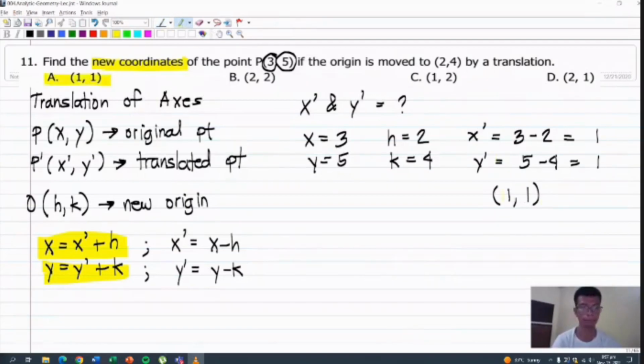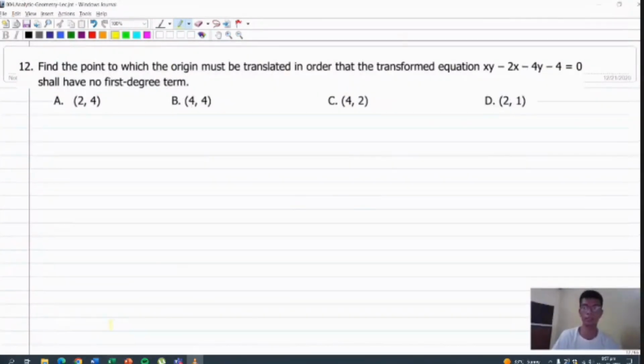Letter A. The equation, with minus 4 equal to 0, shall have no first degree term. So what does the problem say? First, we are asked to find the point to which the origin must be translated.